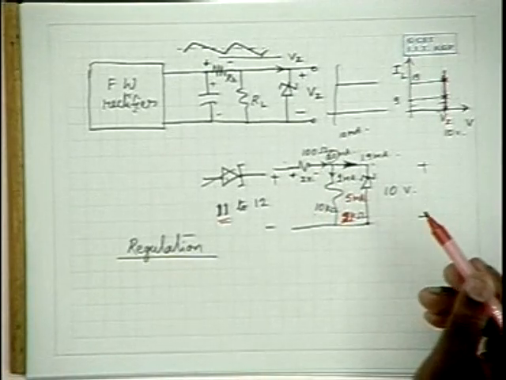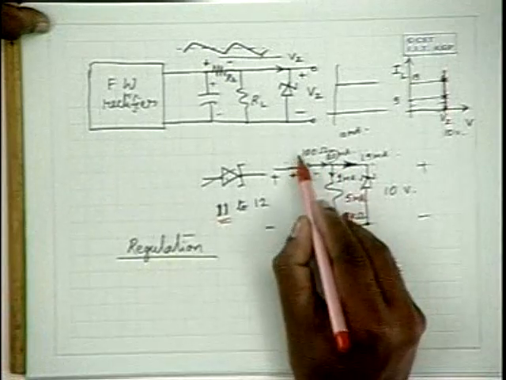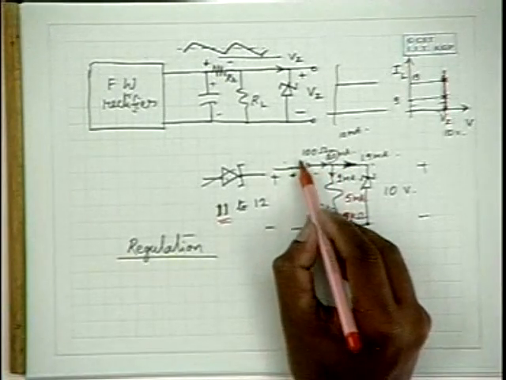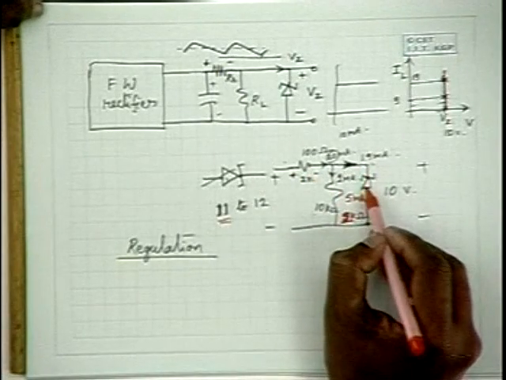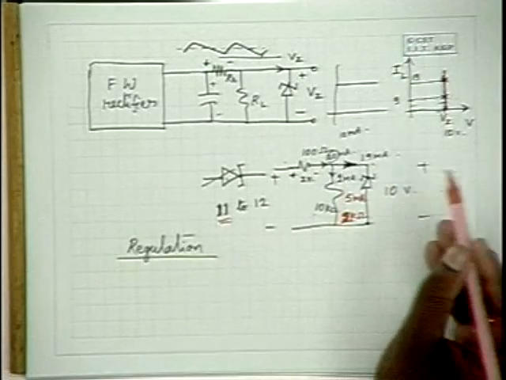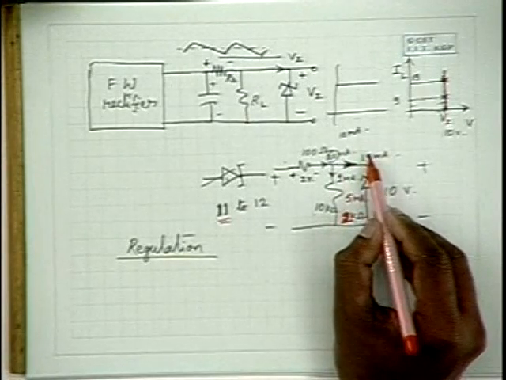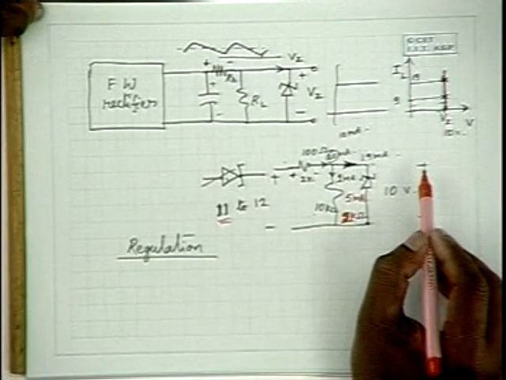If you want to increase the range of load, you have to reduce this resistance further to say 50 ohms, in which case the current flowing through the zener would be almost doubled. It will vary up to about 39 milliamperes.